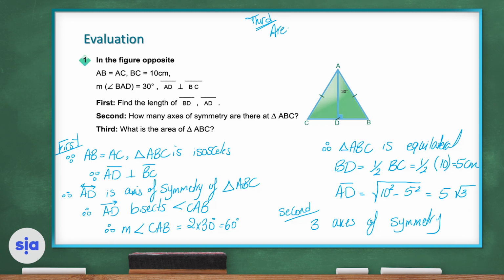So area equals half times base, which is BC, times height, which is AD. So it's half times 10 times 5 square root of 3, which is 25 square root of 3 centimeters squared.